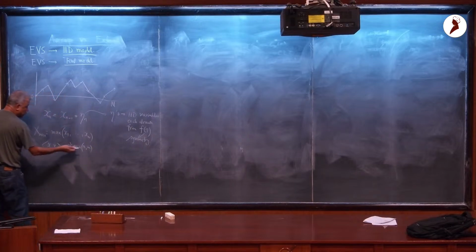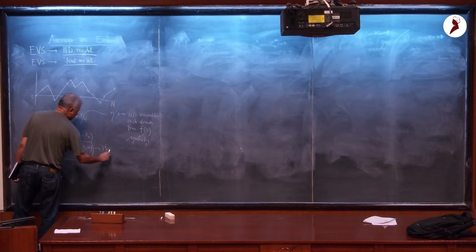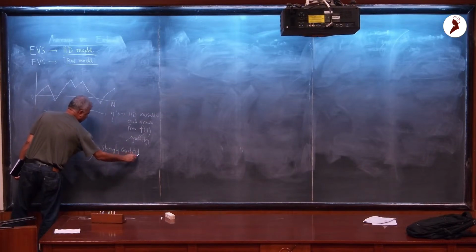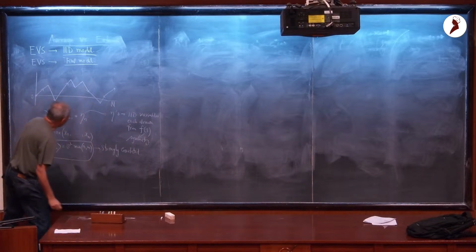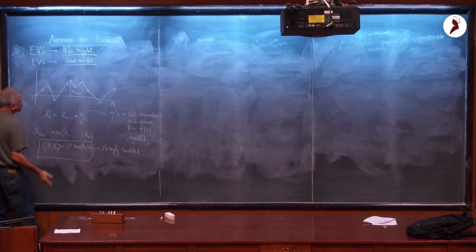If you put m equal to n, it's sigma square n, that's fine. So this is strongly correlated, there's no finite correlation length. And we want to know how the maximum is distributed.